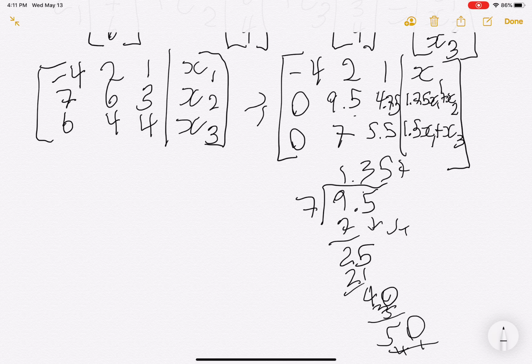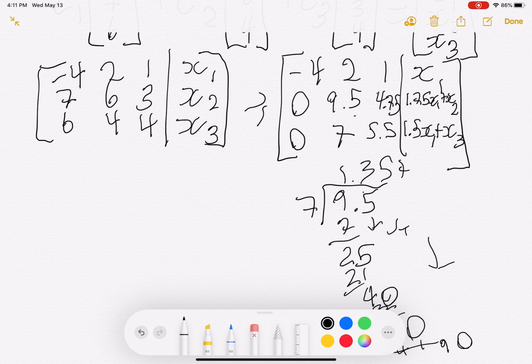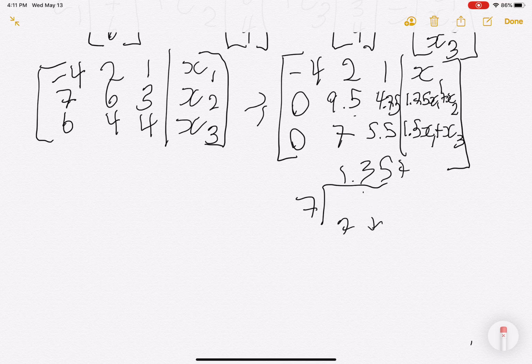Okay, this is just not interesting. 9. We can just approximate it. Let's just approximate it to 1.3, because this is just horrible. So 1.3, approximately.